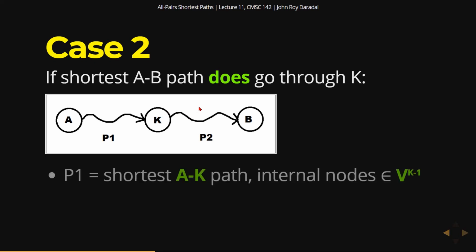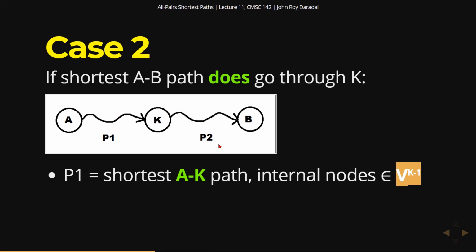Okay, so if that is the case, then we will call this path 1, the path from A to K, the shortest A to K path, while using only internal nodes in V K minus 1, since we're not using K here, since it's already the destination, right? So these internal nodes here are from 1 up to K minus 1.